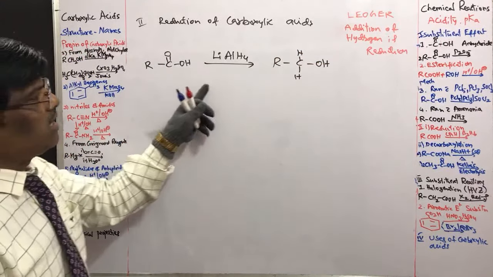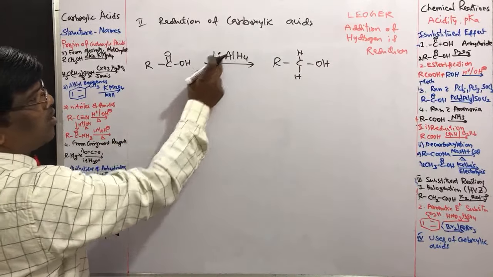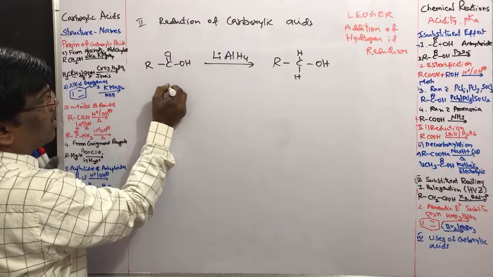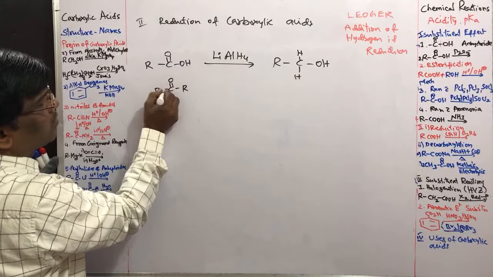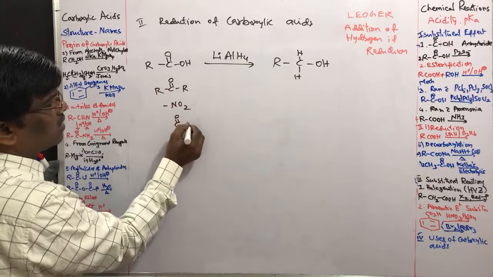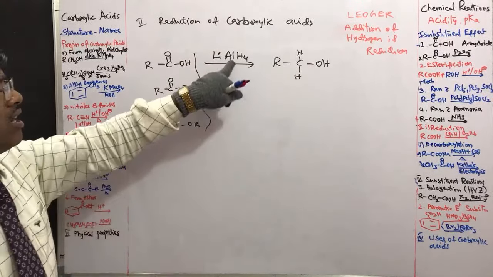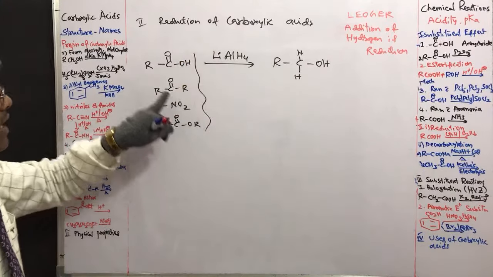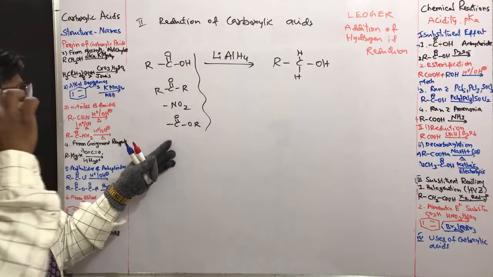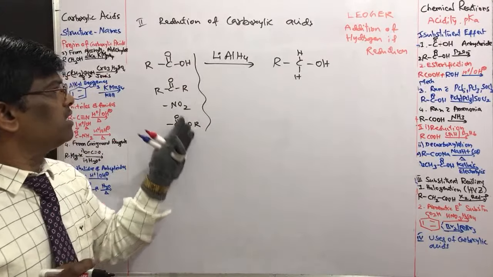When it comes to chemoselectivity, this lithium aluminum hydride is going to reduce all types of compounds like carbonyl compounds, nitro to amine, esters. So LAH is not selective. It is not a selective reducing agent. It will reduce ketones, aldehydes, nitro, esters, and all these groups are going to be reduced to alcohols or amines.